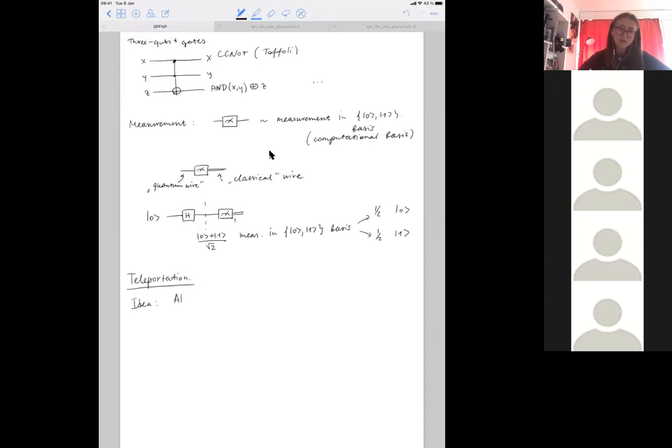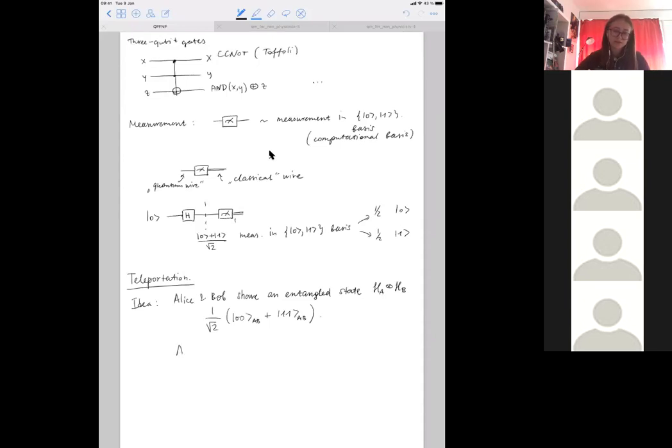Suppose that we have Alice and Bob who share an entangled state. The state lives in the tensor product of their Hilbert spaces, H_A times H_B. They share this entangled state that we have already seen before, which is one of the Bell states: 1 over square root of 2, (|00>_AB plus |11>_AB).